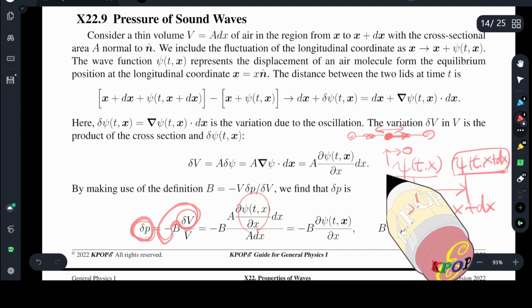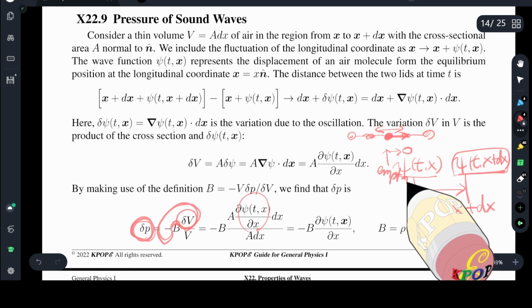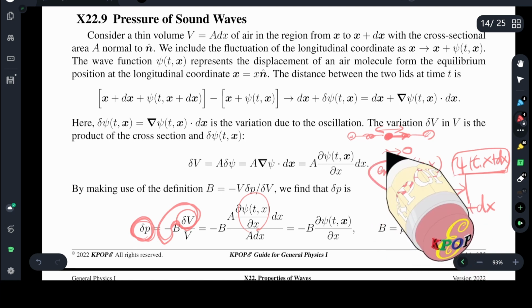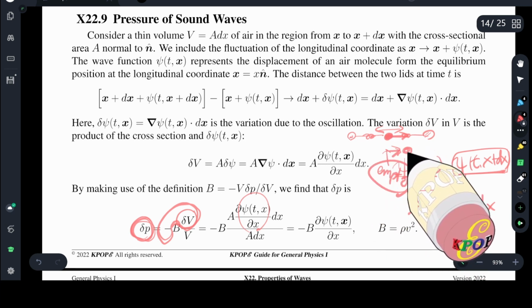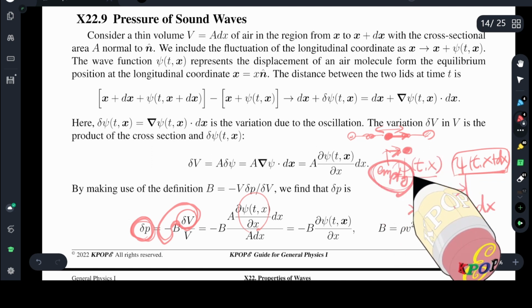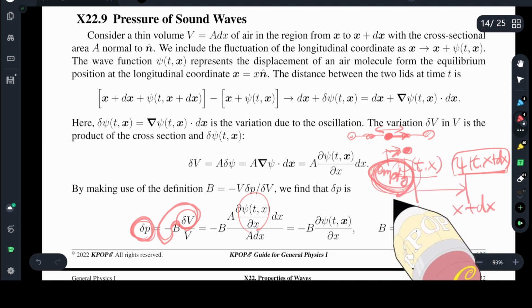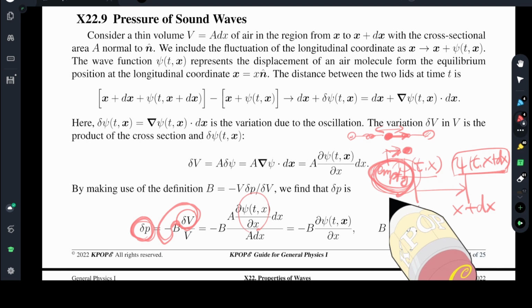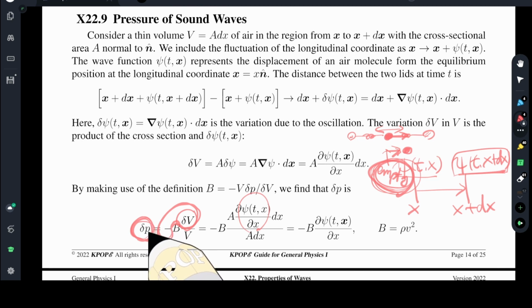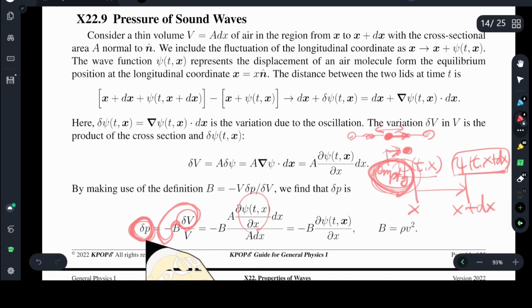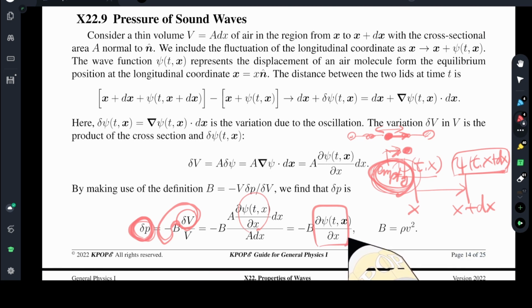This is empty. That means the displacement of a mass results in a decrease of the density and a decrease of the pressure. Therefore, the pressure is proportional to the derivative of the wave function. That's a good point.